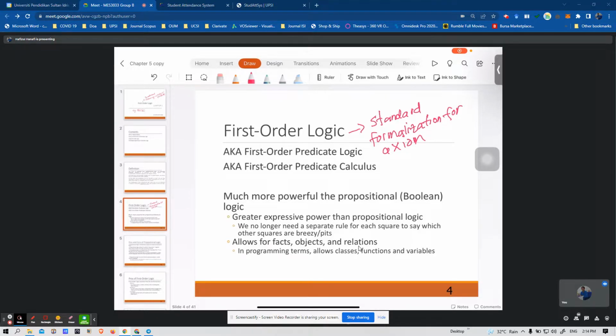We have axioms that describe the structure, and it is much more powerful than propositional Boolean logic. It has greater expressive power than propositional logic because we no longer need a separate rule for each square to say which squares are breezy or have pits. Another one is that it allows for facts, objects, and relationships. In programming terms, that will allow classes, functions, and variables to be defined.